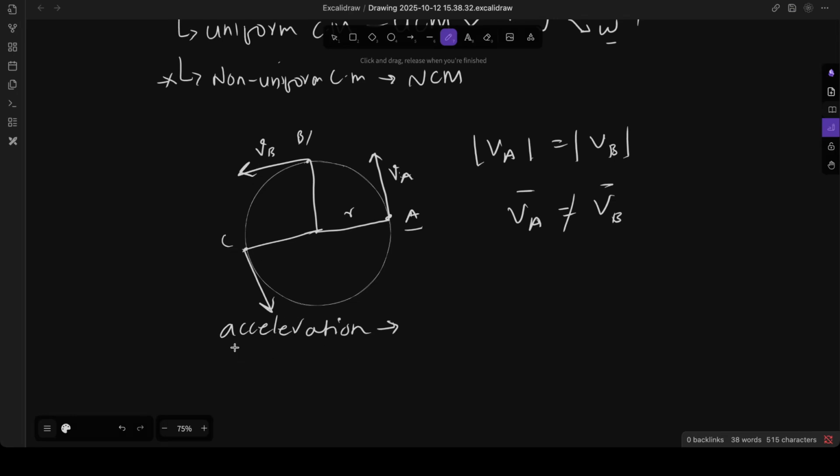So this gives rise to something called centripetal acceleration. The acceleration we have here is called centripetal acceleration, which means it is directed towards the center.